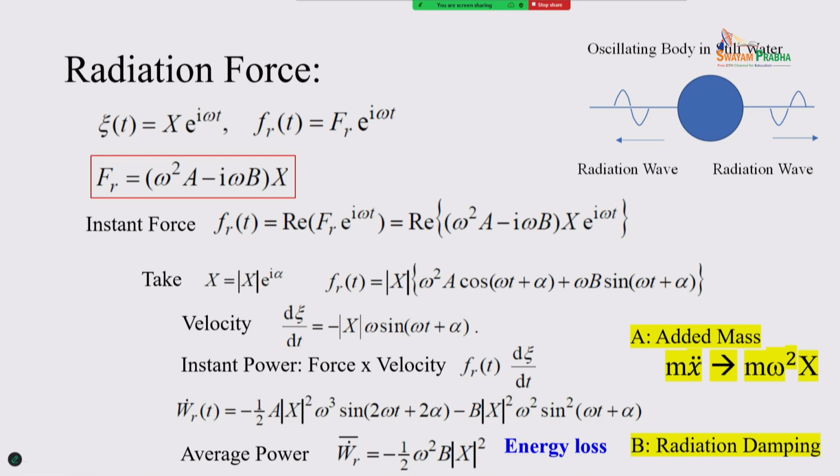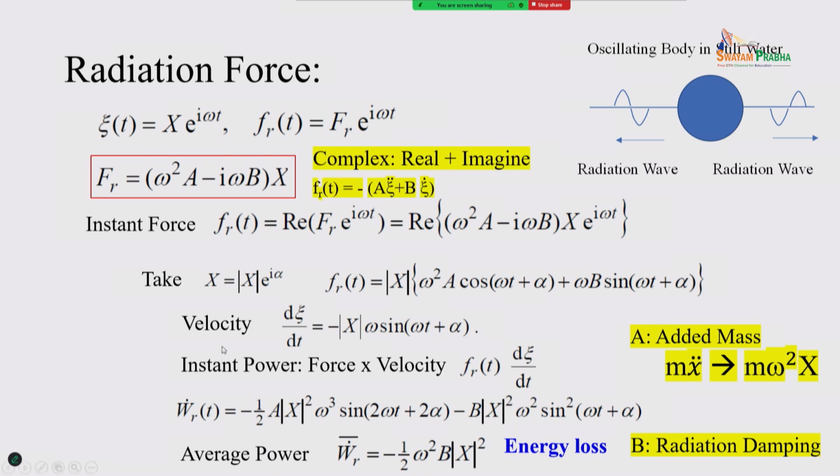Now you understand what effects occur when the buoy moves in still water. There are two terms. First, added mass: the water surrounding the buoy is moving, so you have an acceleration effect, and that is the mass. Second, energy loss, which we call radiation damping.